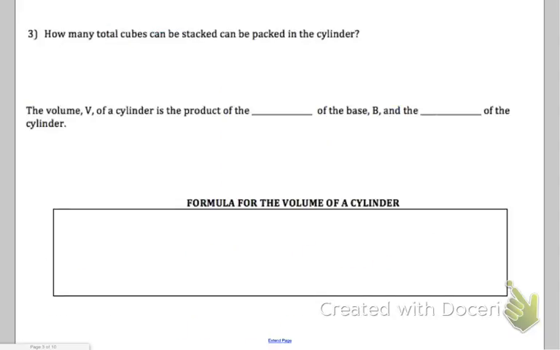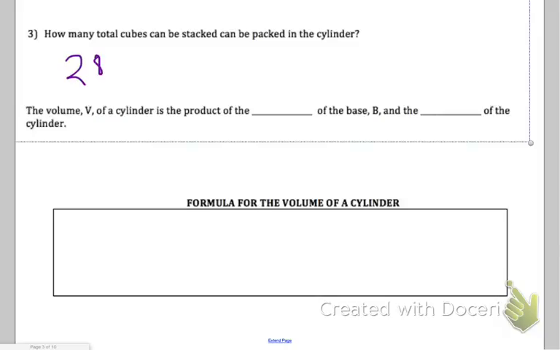In order to determine the total number of cubes that can be packed into the cylinder, well, if our first layer has 28.274 meters squared, that first circle as our base, and we can stack 6 of these one on top of the other until we reach the top, we're going to multiply it together.